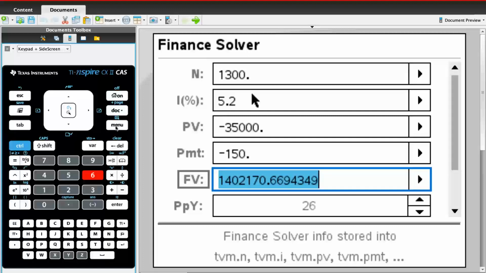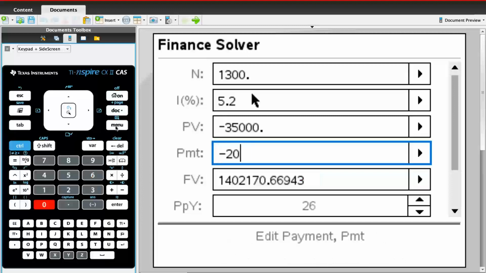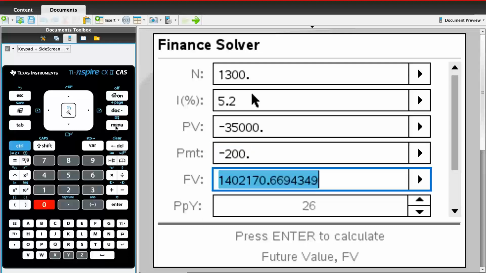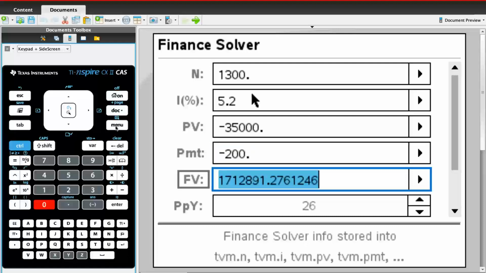And then for C, what we're doing is just making a small change to the payment. And it's quite a striking difference. If he was able to find another $50 a fortnight and change nothing else, it goes from 1.4 million up to 1.7 million, roughly.